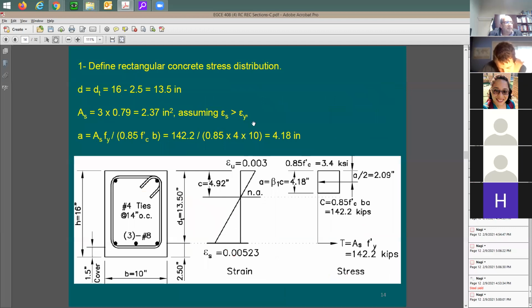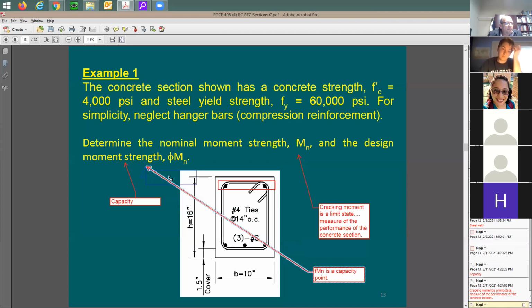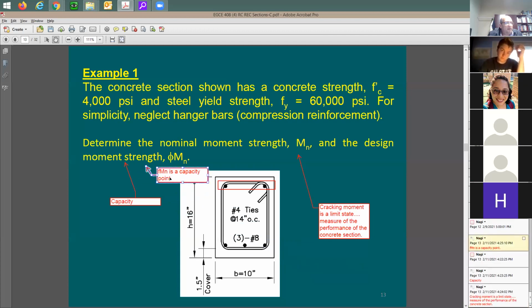Okay. Now we need to figure out this Mn. So let's see how it's going to work. Let me also point to something here. Total concrete depth, as you see here, is 16 inches. Width is going to be 10 inches, b. The clear cover, sometimes we call it also clear cover, is 1.5 inches.